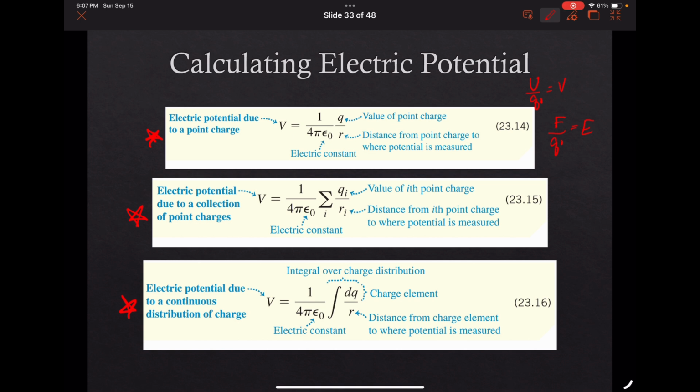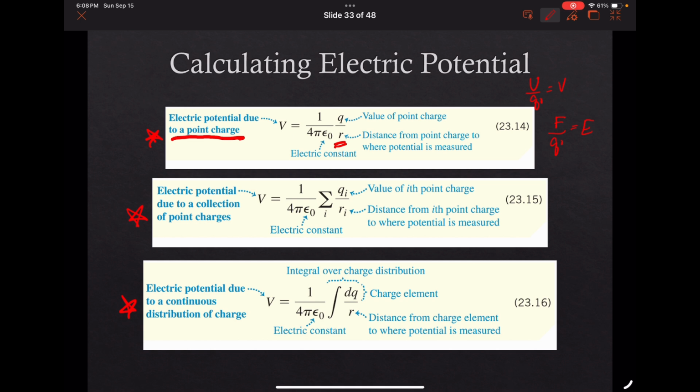We can just straight up write the potential due to a point charge as this equation right here, right? 1 over 4 pi epsilon naught, the value of the charge producing the potential, and then R is the distance from the point charge to where the potential is being measured. So these definitions are all nearly identical to electric field, except now we're talking about potential. And in the denominator, we only have a single R factor, not R squared.